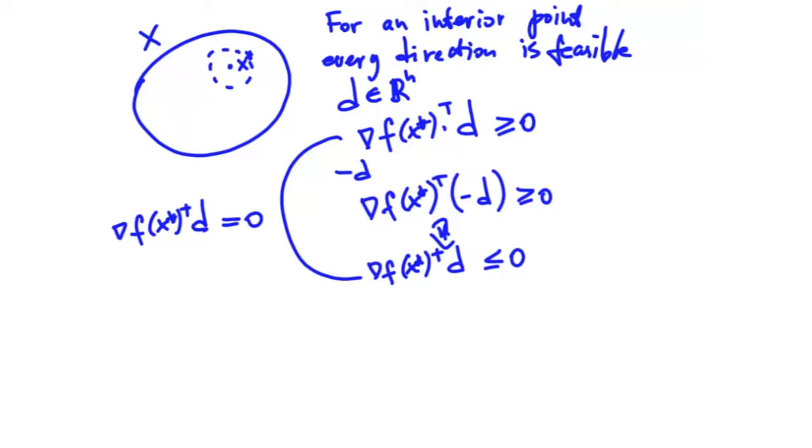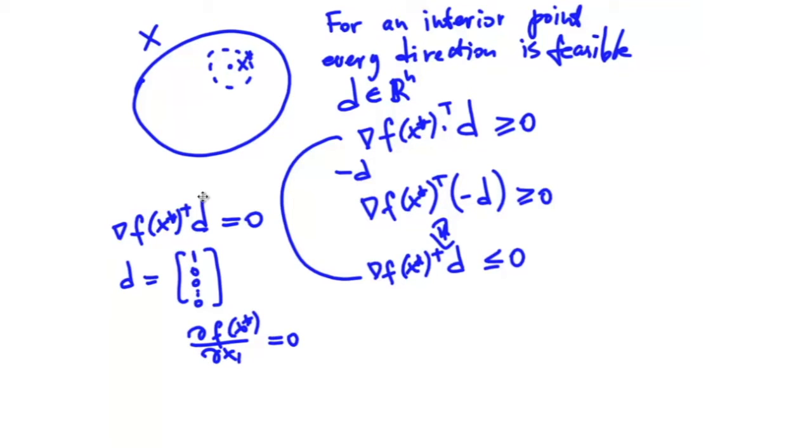So in particular, I can take the direction d which is given by the following vector. Say I have the first component equal to 1, and the rest of the components are equal to 0. If I take the vector d in this form, then I'll have the gradient of f at x star transpose times this vector equal to 0, which means that the first component of the gradient, which is df at x star over dx1, is equal to 0.